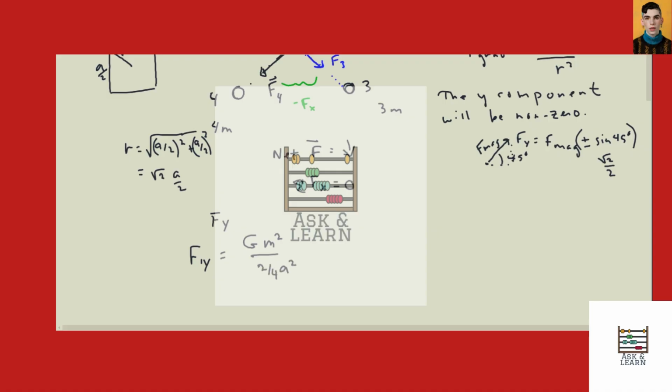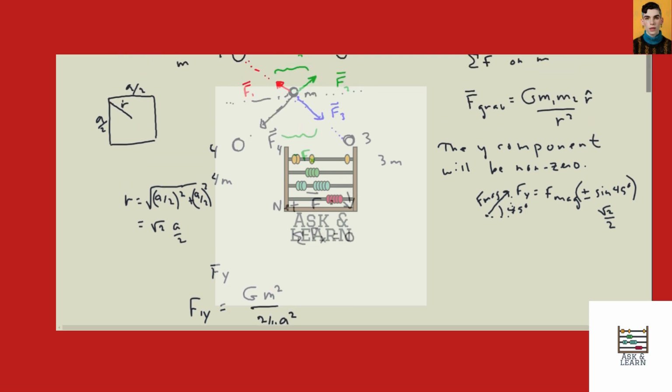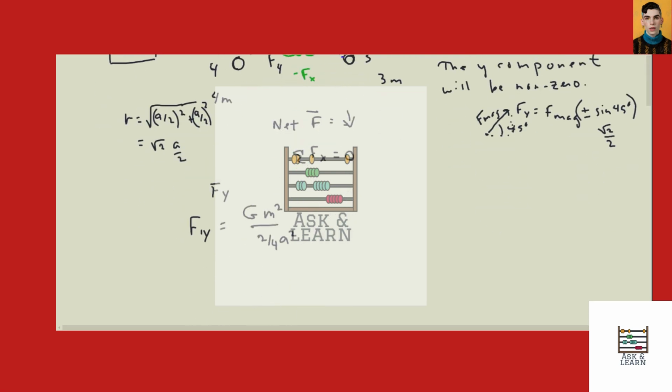And for the first force, the y component is positive. And that's all we need to do. The second one, we have 2Gm squared, and the separation is still the same. And we have another positive y component.